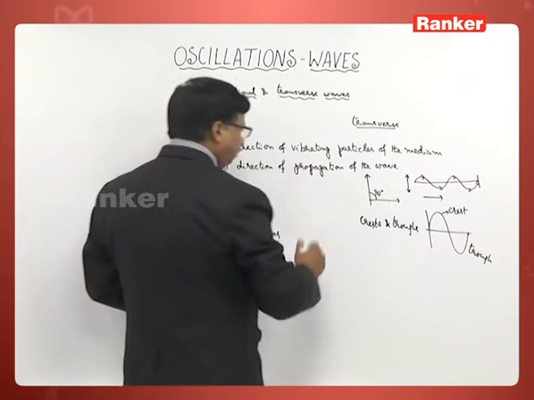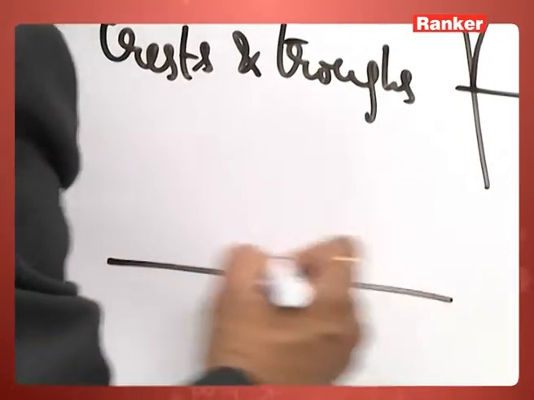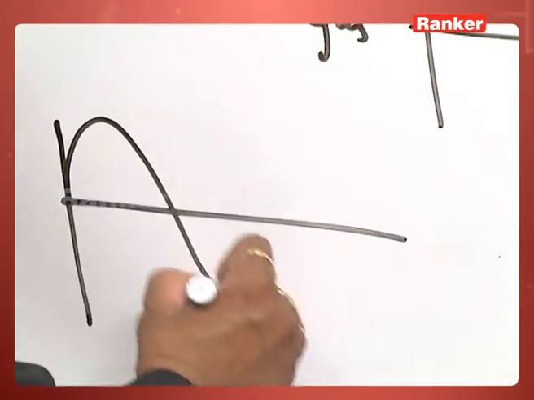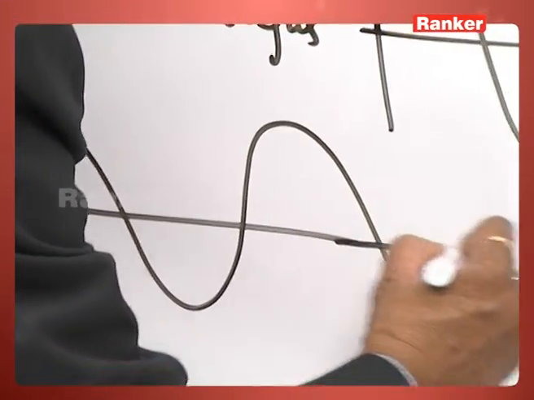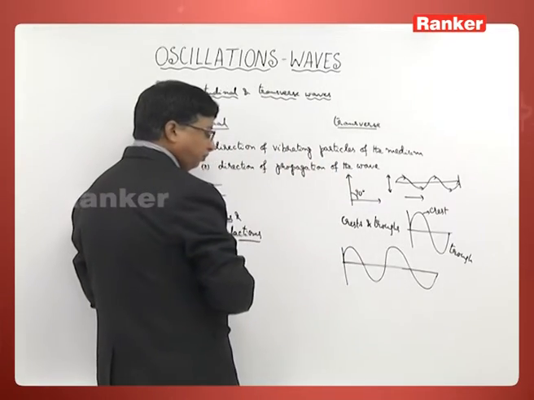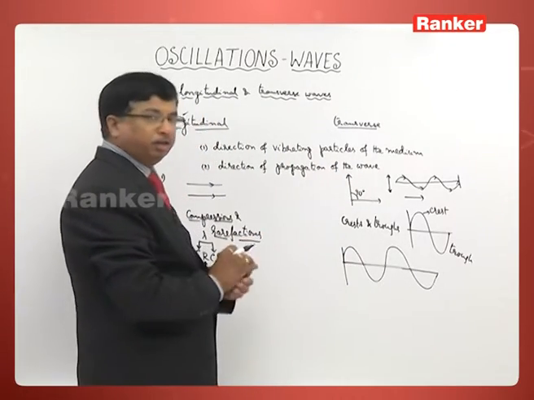Whereas, under a transverse wave, the distance between the particles which are in the same phase is what we call the wavelength.